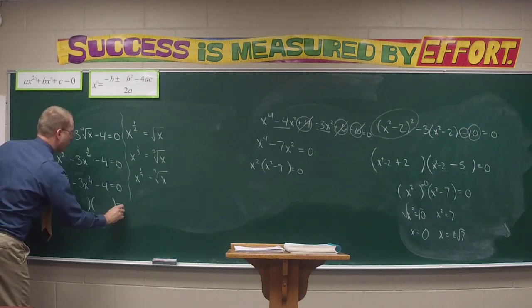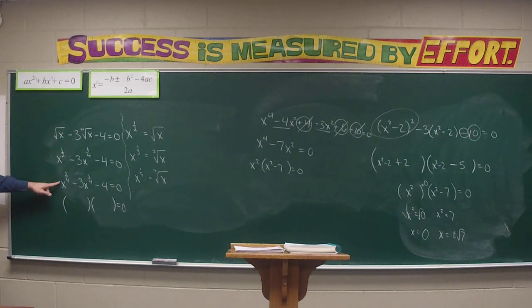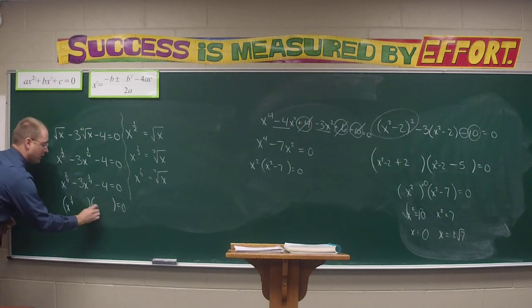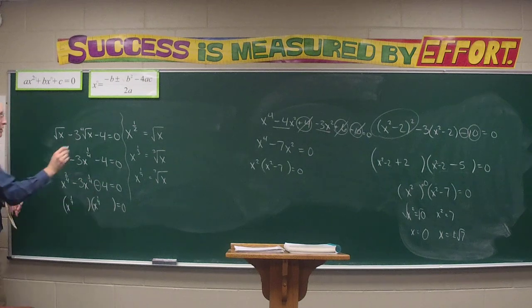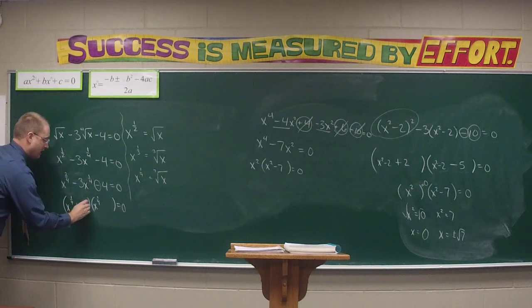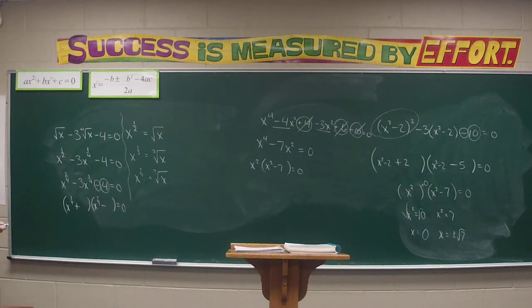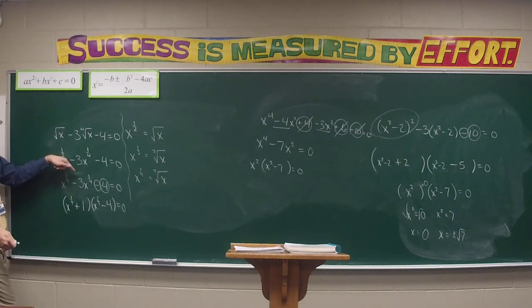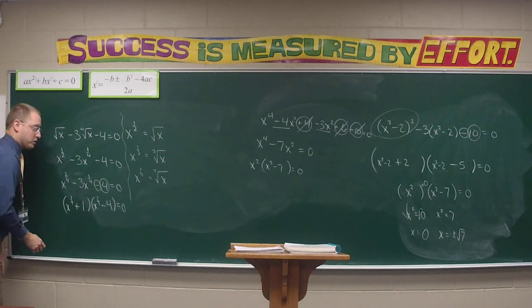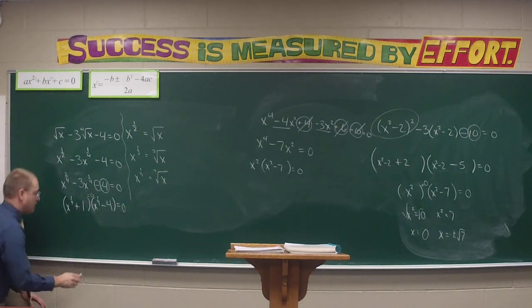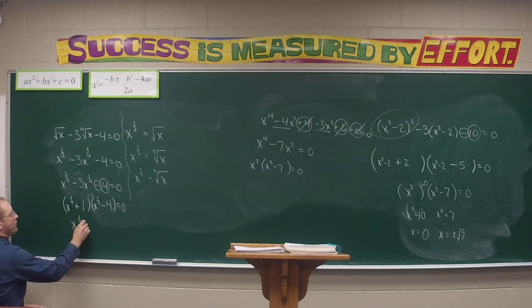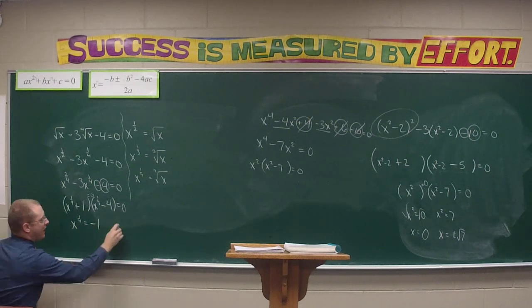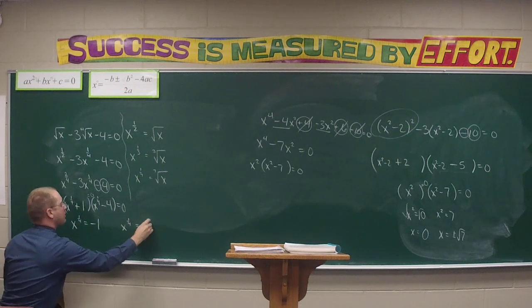How do you suppose I would split up an x to the 2/4? x to the 1/4, x to the 1/4. Negative sign tells me positive, negative. The 4 should split up. Let's do a positive 1 and a negative 4, so the outer inner gives me that negative 3. And then set both factors equal to 0, to get x to the 1/4 equals negative 1, and x to the 1/4 equals 4.